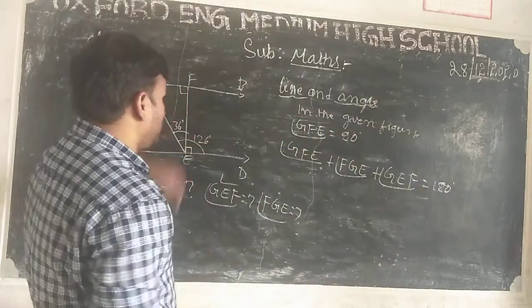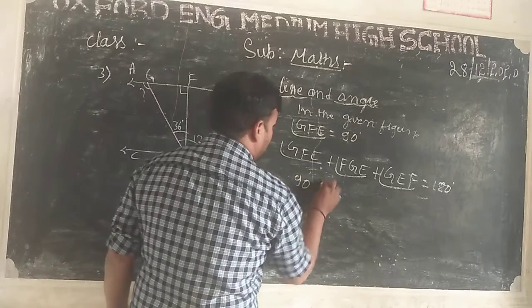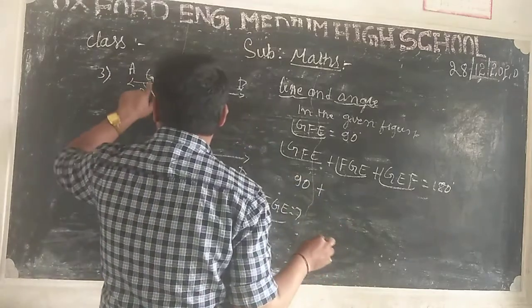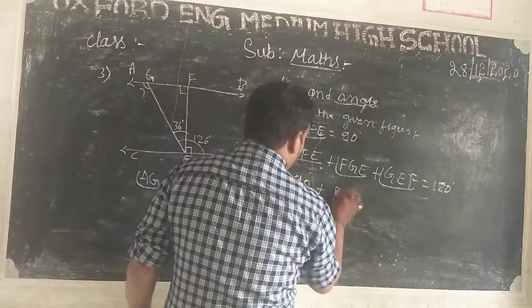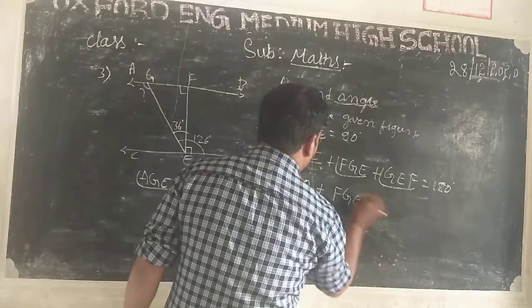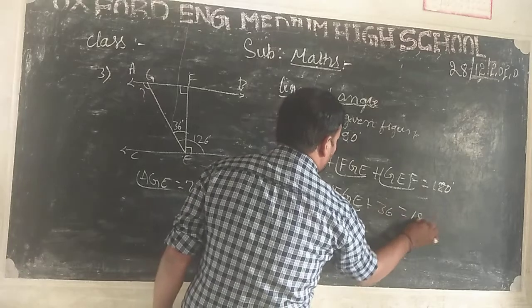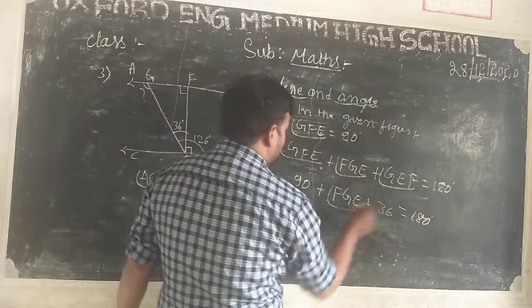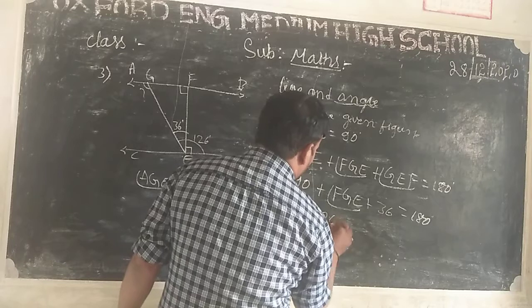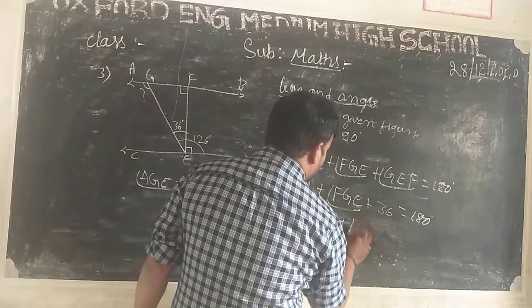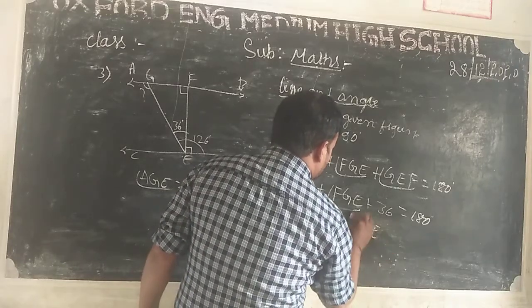GFE 90 degree plus FGE, which we should find, plus GEF 36 degree is equal to 180. 90 plus 36 is 126 degree. 126 degree plus FGE is equal to 180.